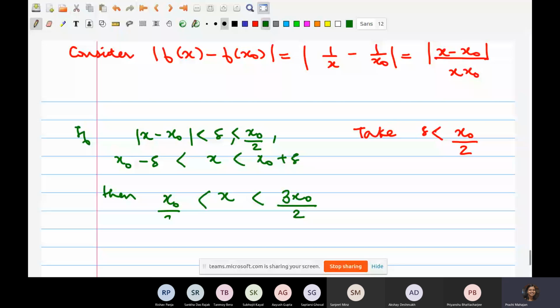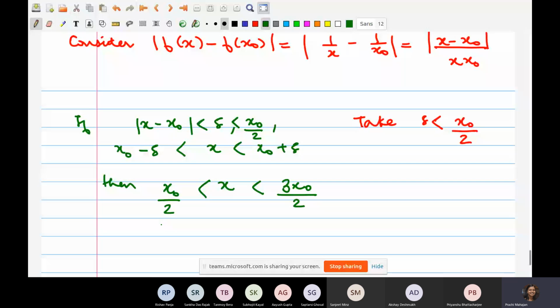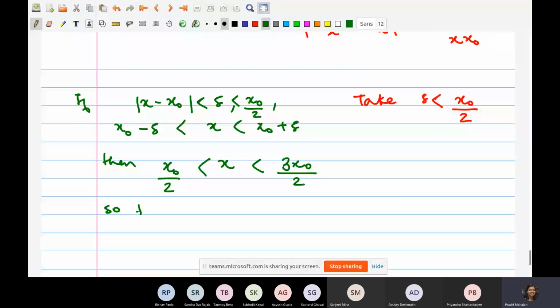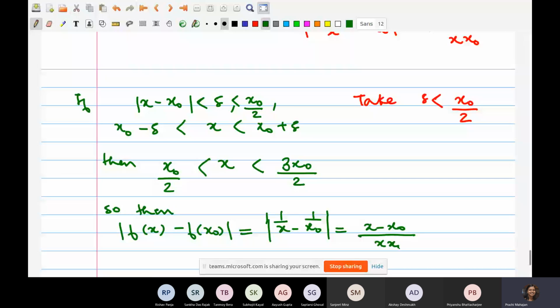So then if I look at this difference of f of x and f of x naught, that is, by definition, 1 by x minus 1 by x naught. So this is x minus x naught by x x naught. The numerator is bounded by delta.